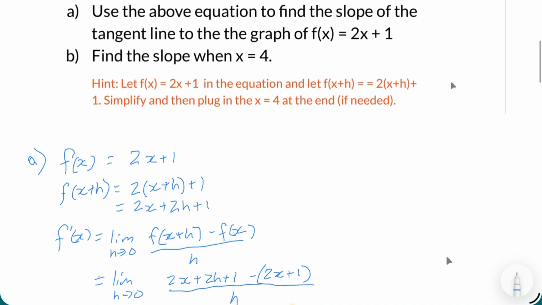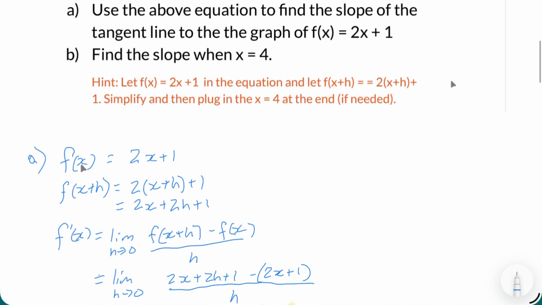For part A, we write down what the original function was, which was f of x is equal to 2x plus 1. Then we try to find f of x plus h by replacing the x in the original equation with x plus h. So wherever you see x, you're going to put in x plus h.